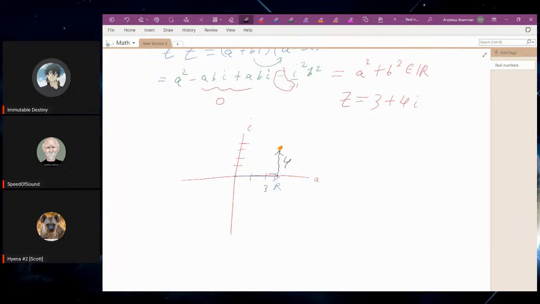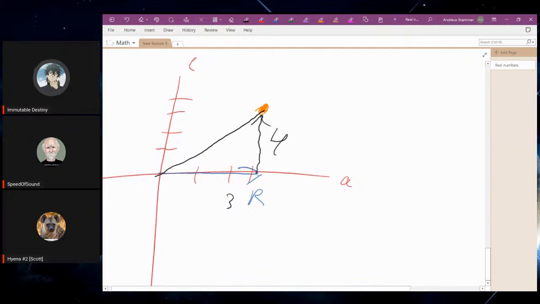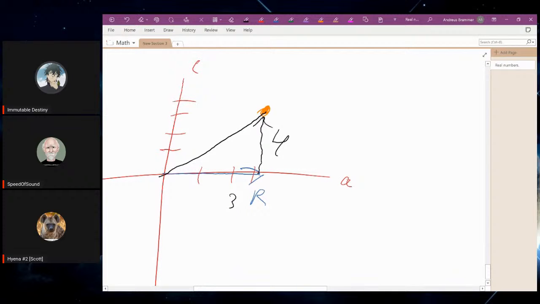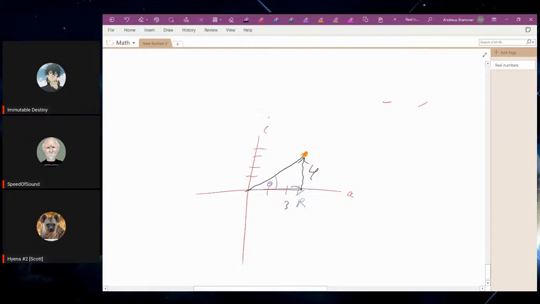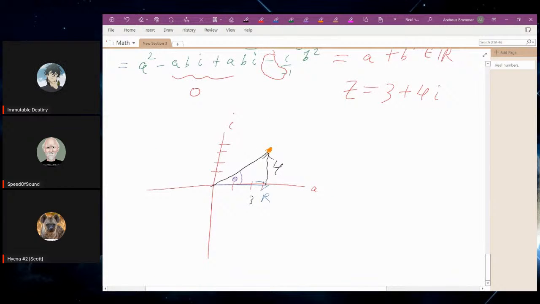So we can always draw a line between the origin and our x-axis, which in this case we've labeled A. And importantly, we can call this angle theta. That's fine.